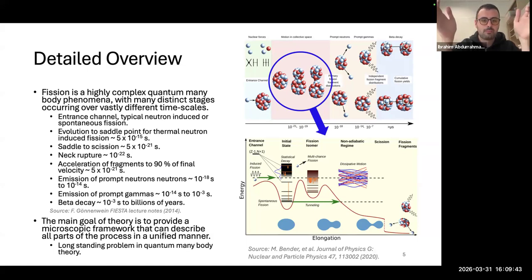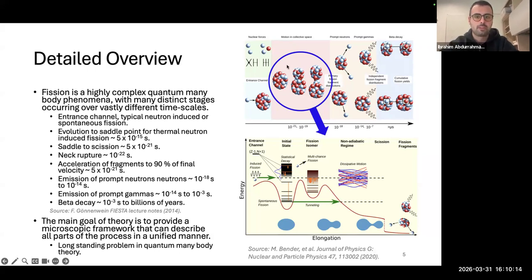And why is it complex? One of the big reasons is it has many different qualitatively distinct stages whose timescales vary by many orders of magnitude. So you can imagine trying to find some theory that can model the whole thing start to finish is going to be a very, very difficult task. And in fact, no one in the community is close to having a unified theory.